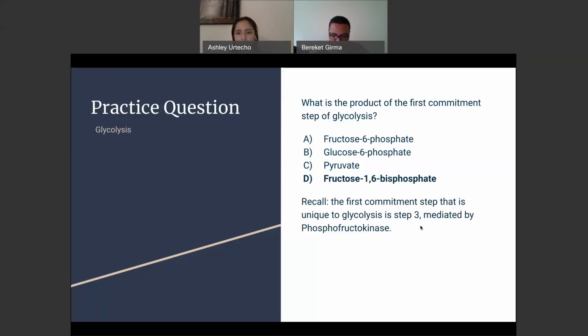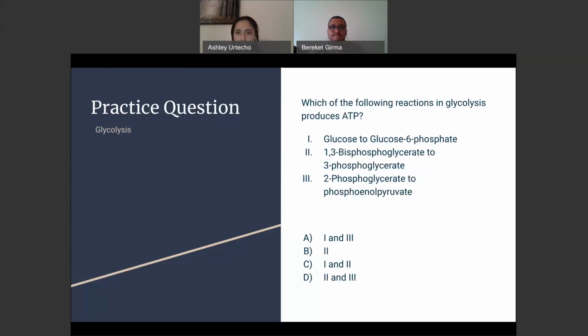This is a little explanation that I wrote. So, next question, which of the following reactions in glycolysis produces ATP?